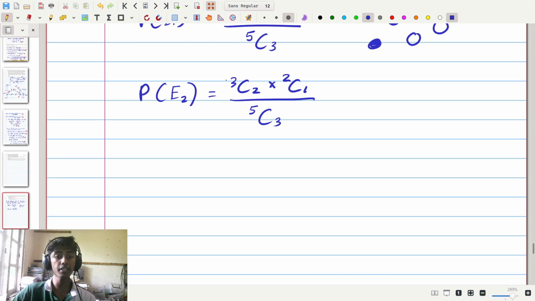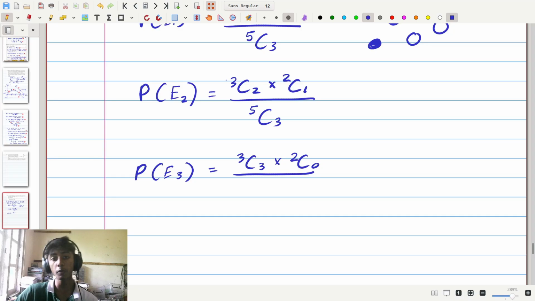Finally, for event E3, the probability is that of choosing 3 black balls. Out of the 3 total black balls, we have to choose all 3 of them, and out of the 2 white balls, we need to choose 0 of them. Then we divide this by the total possibilities, which is 5 choose 3.